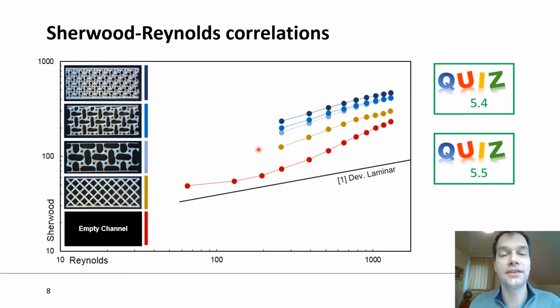So we can say if we are looking for an electrochemical process with a good mass transfer, then we should think of using this type of turbulence promoter. Now, to play around with limiting current density with these dimensionless numbers with mass transfer, I would recommend you to carry out quiz question 5.4 and 5.5.